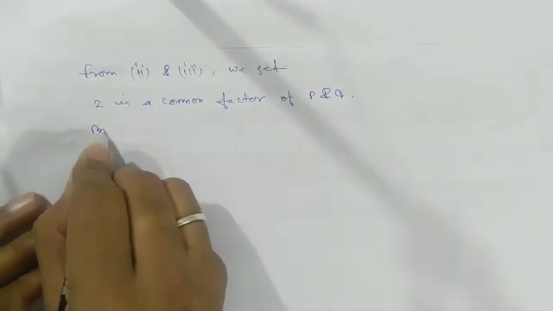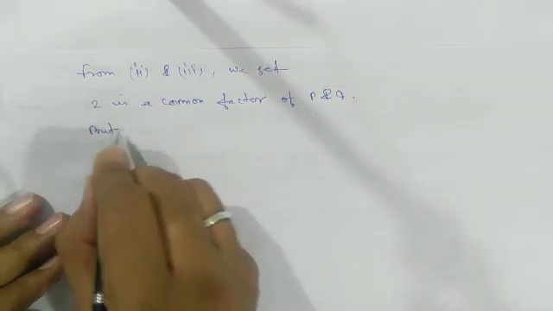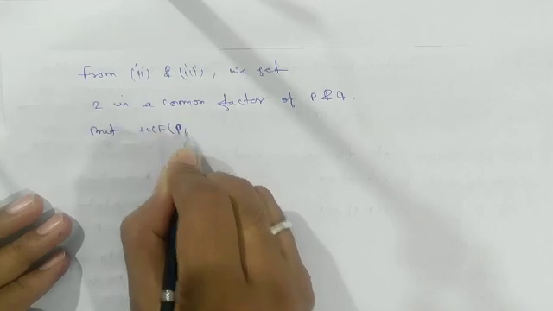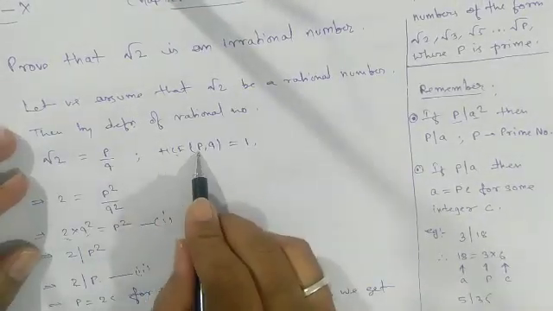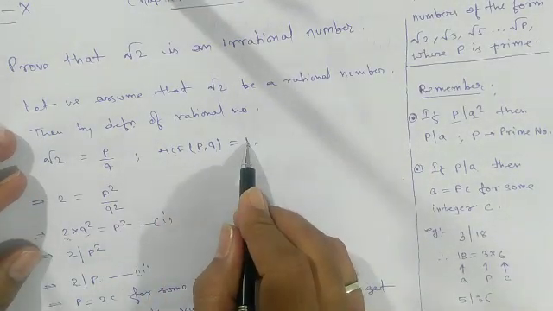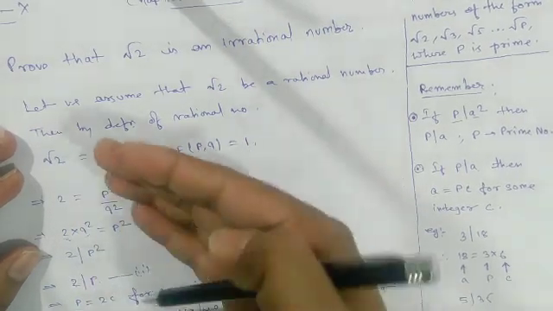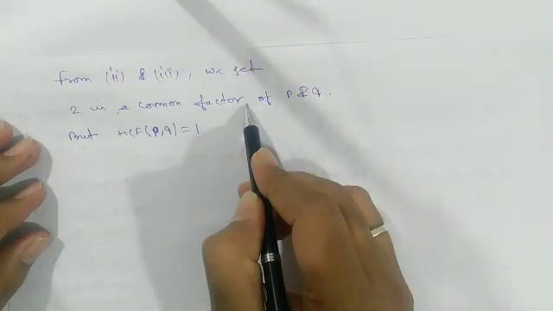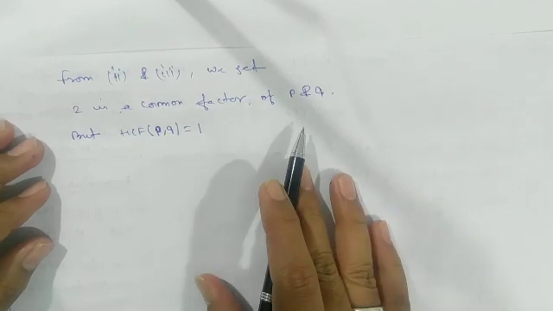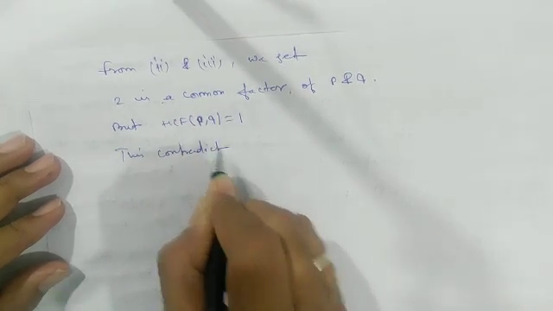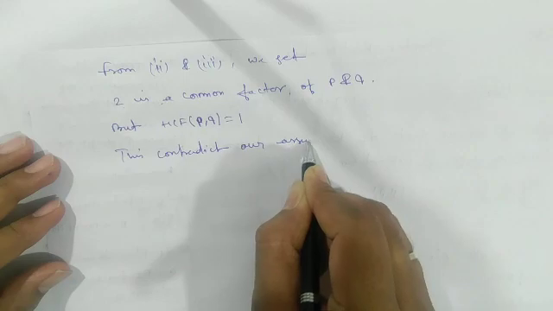But by definition, what have we written? HCF of p and q equals 1. How is it possible? We already assumed that HCF of p and q equals 1, but after solving we get 2 as a common factor. That means it contradicts our assumption.